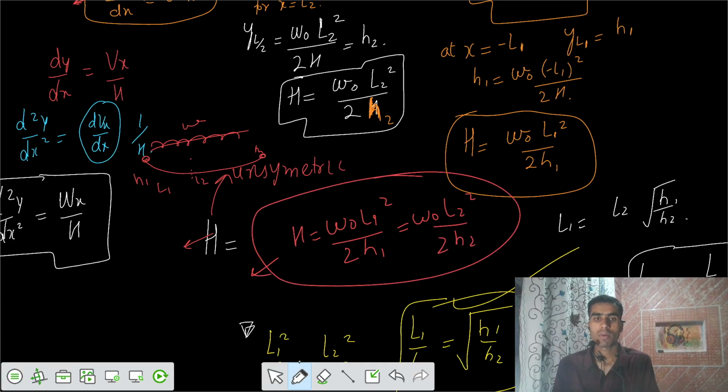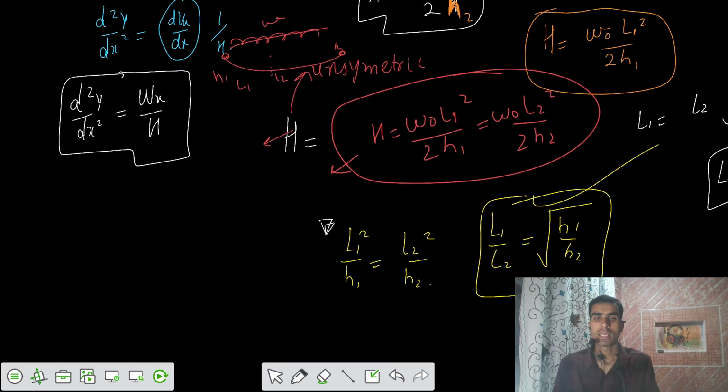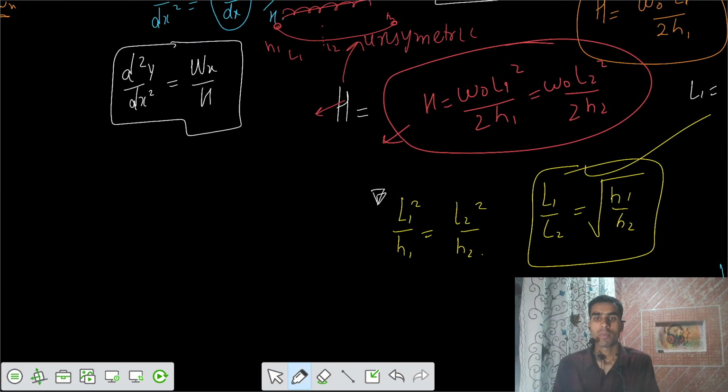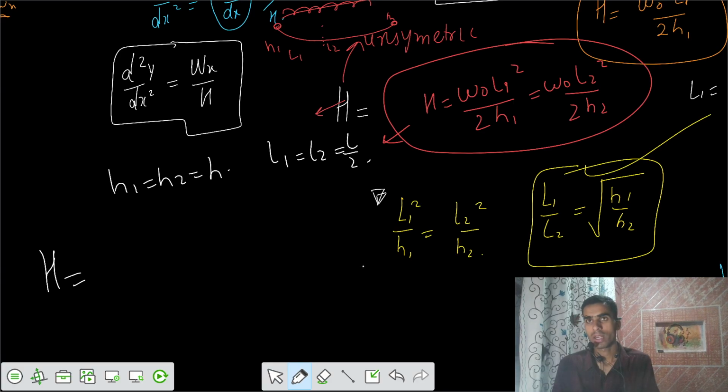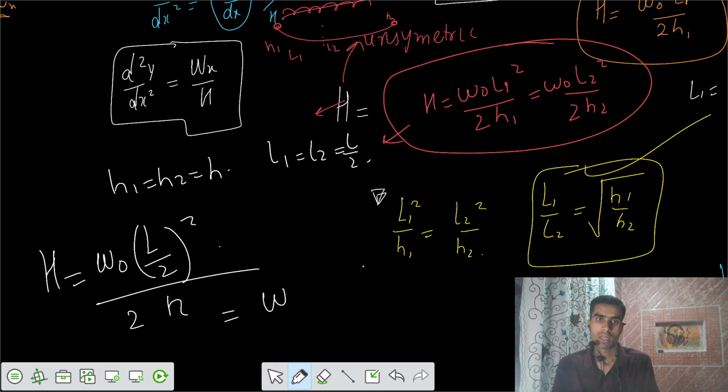Now for the symmetric case, if I substitute in the same equation, because we have a symmetric profile, H1 equals H2 equals H, and L1 equals L2 equals L by 2. Substituting these values, I can get the horizontal reaction: W naught times L by 2 whole square divided by 2H, so W naught L square by 8H.